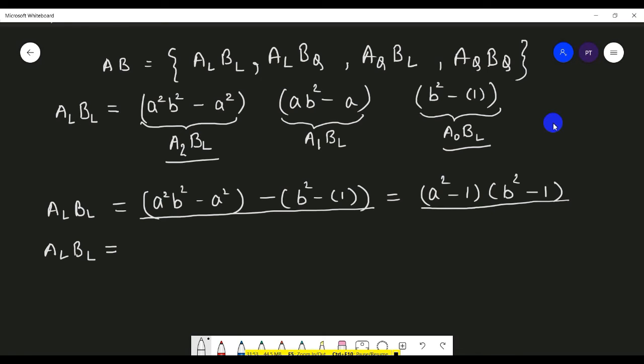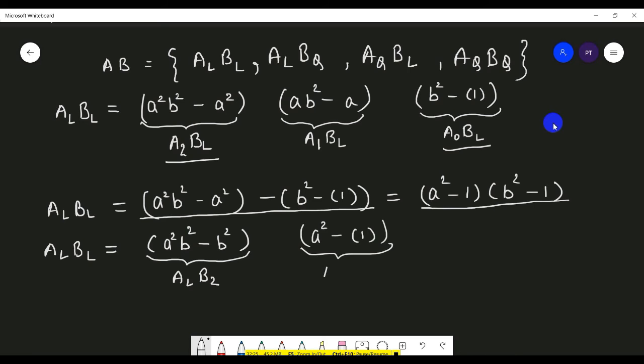So the linear effect of A at higher level of B is A square B square minus B square. This I will be denoting as linear effect of A at higher level of B. And now I'm going to find linear effect of A at low level of B, which is A square minus 1. So linear effect of A at low level of B. Now we know the linear effect of B is B2 minus B0.